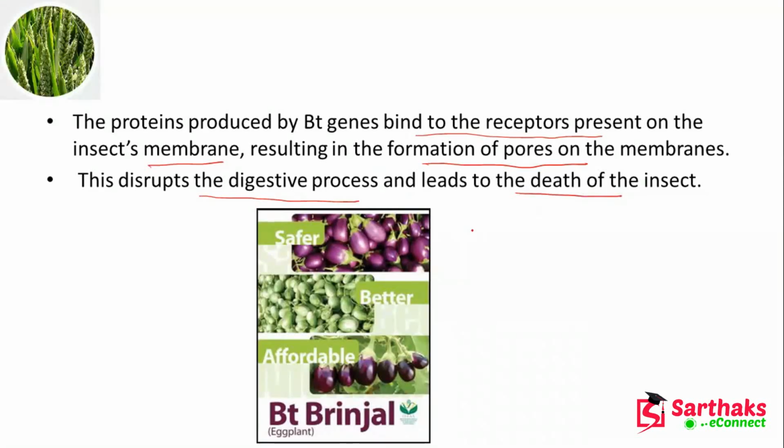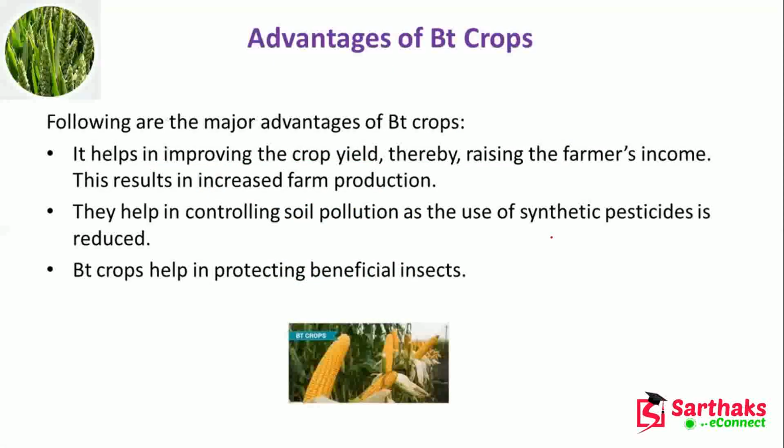So here we can see that the BT genes bind to the receptors present on the insect's membrane. Then it will form some pores on the membranes. So the pores on the membrane will affect the digestive system, and it will destroy the digestive system. At that time the insect will die. So our BT brinjal is safe now.